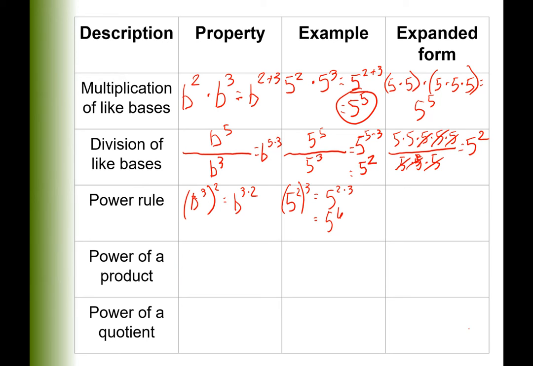The reason this all works out is if you remember, exponents is repeated multiplication. So essentially, we have three sets of 5 squared, or three sets of 5 times 5.